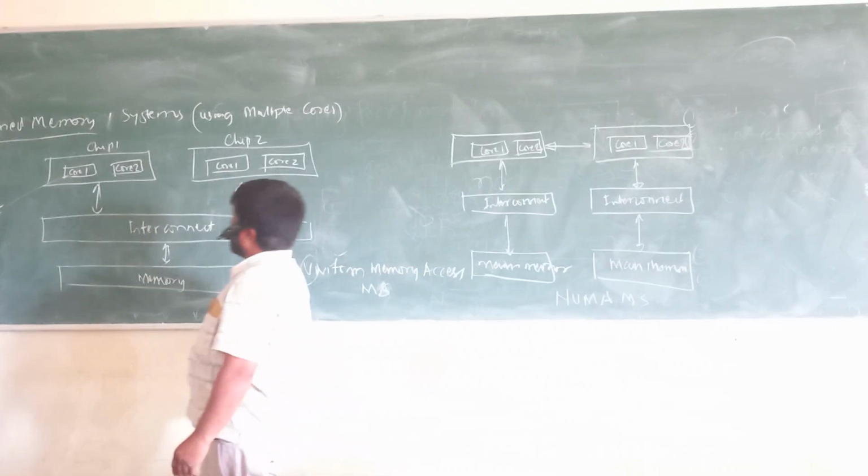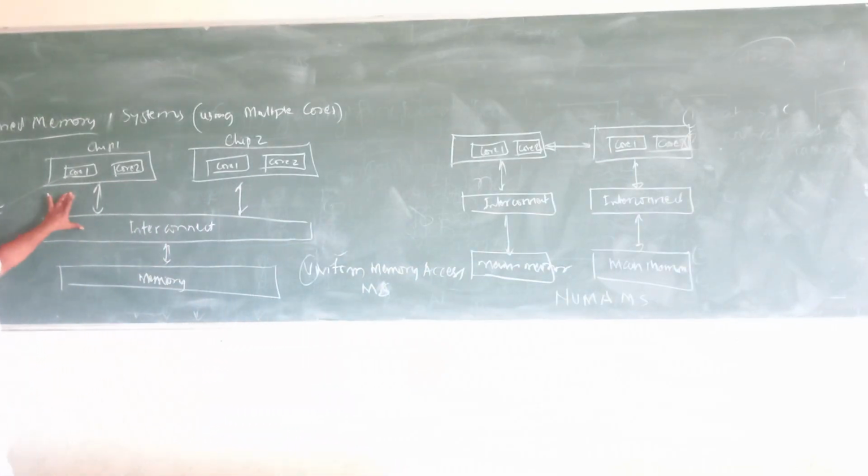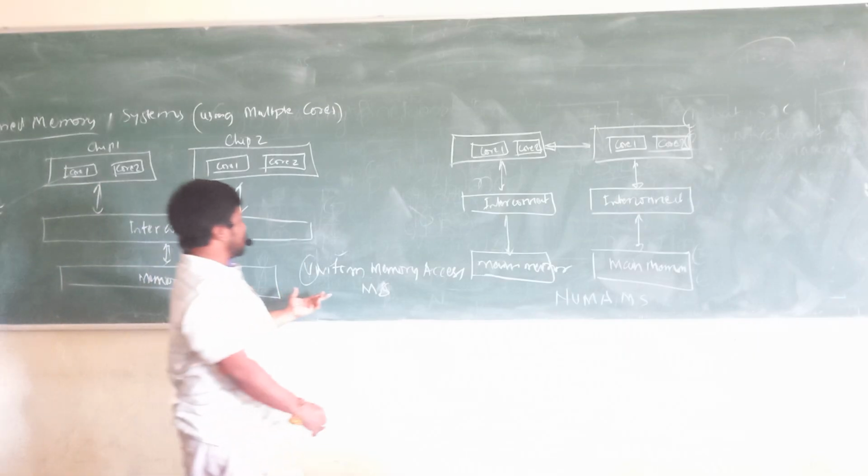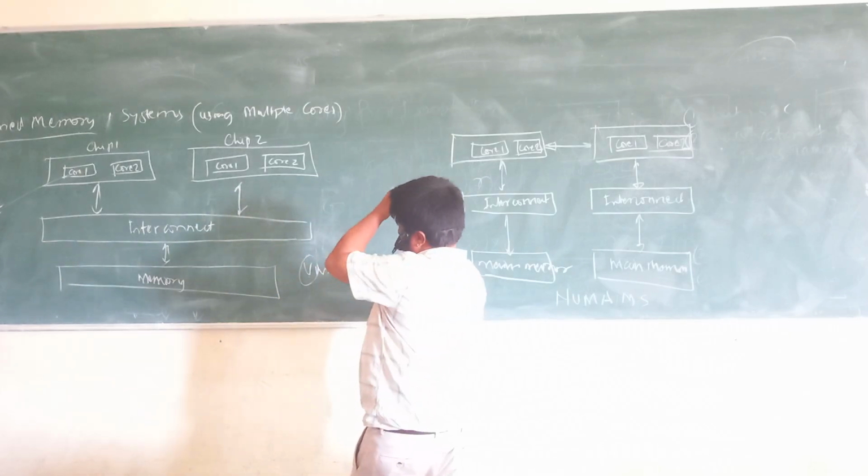Whatever memory locations are accessed, every core will have the same access time, not different times. If core one or core two accesses the memory locations through the interconnect, the time is the same. That is why it is named the uniform memory access multi-core system.